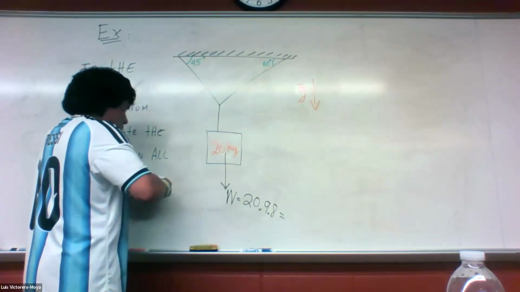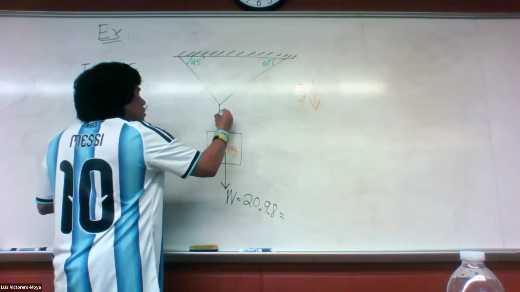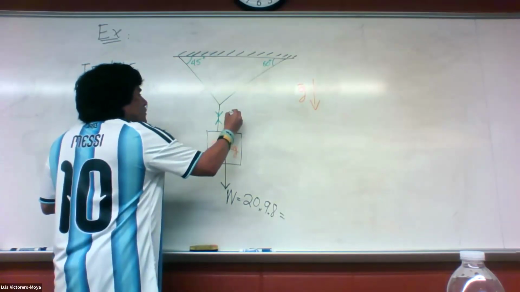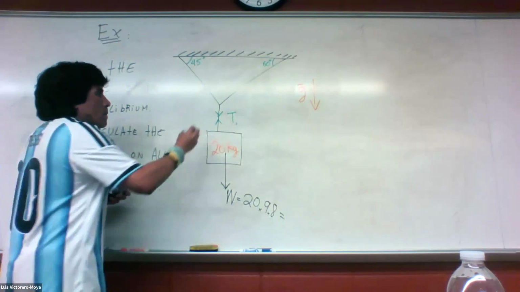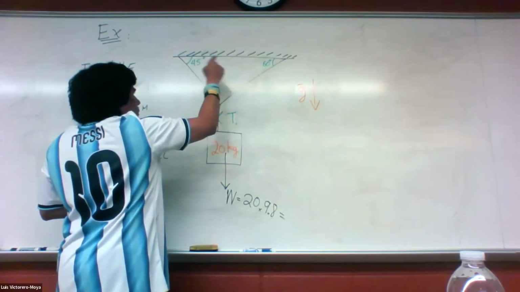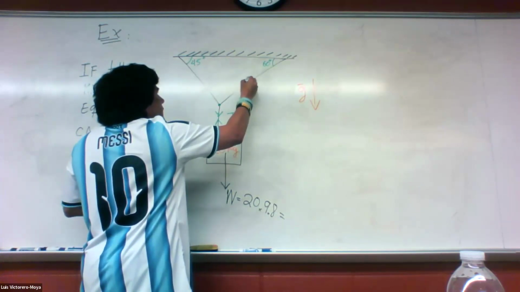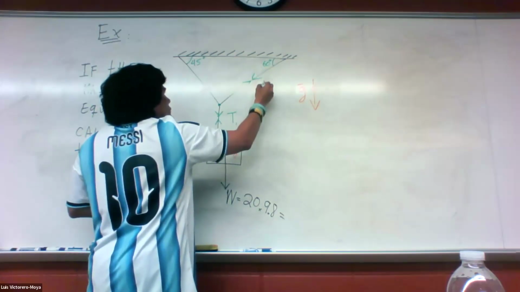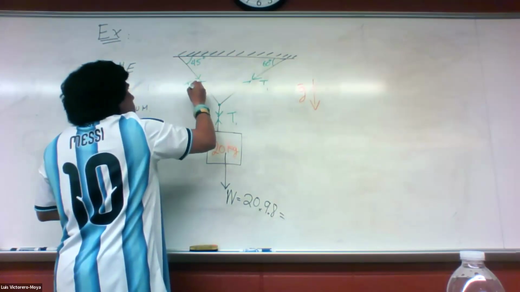What about here? We have a tension, right? Let's call it T1. And we have two ropes here, at different angles, therefore different tensions. T1, T2.